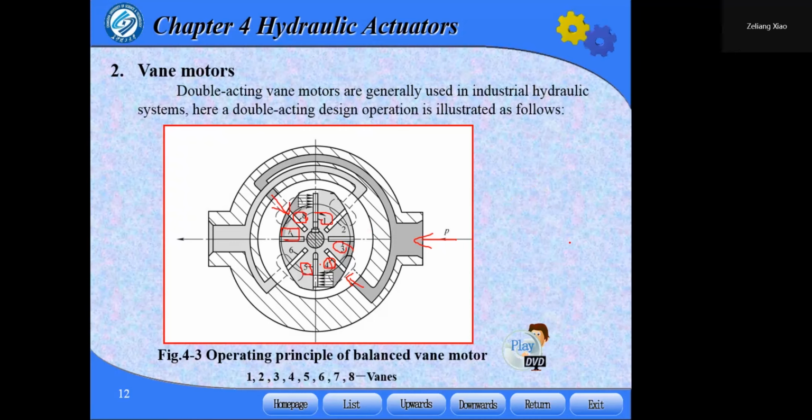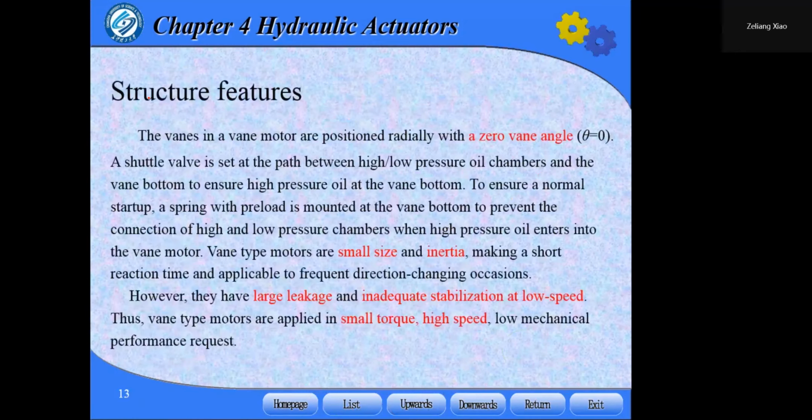This is the vane motor. The structure features of the vane motor: the vanes in a vane motor are positioned radially with a zero vane angle. A shutter valve inside is the path between the high and low pressure oil chambers and the vane bottom, to ensure high pressure oil reaches the vane bottom for a normal startup.